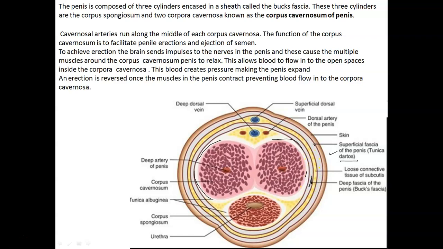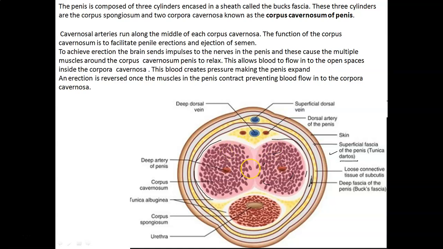At the signal from the brain, these muscles around the corpus cavernosum relax. When they relax, this allows blood to flow into the open spaces present in these 3. When the blood flows inside, it creates pressure, making the external genitalia expand.